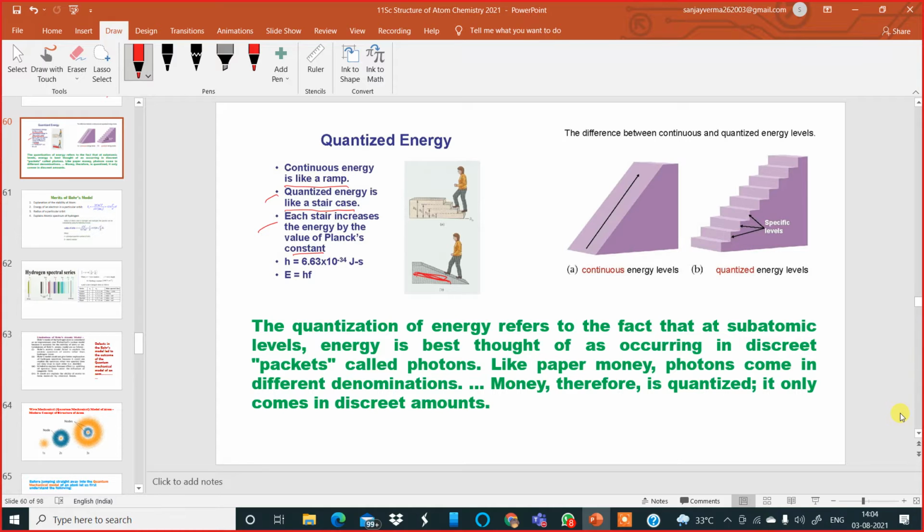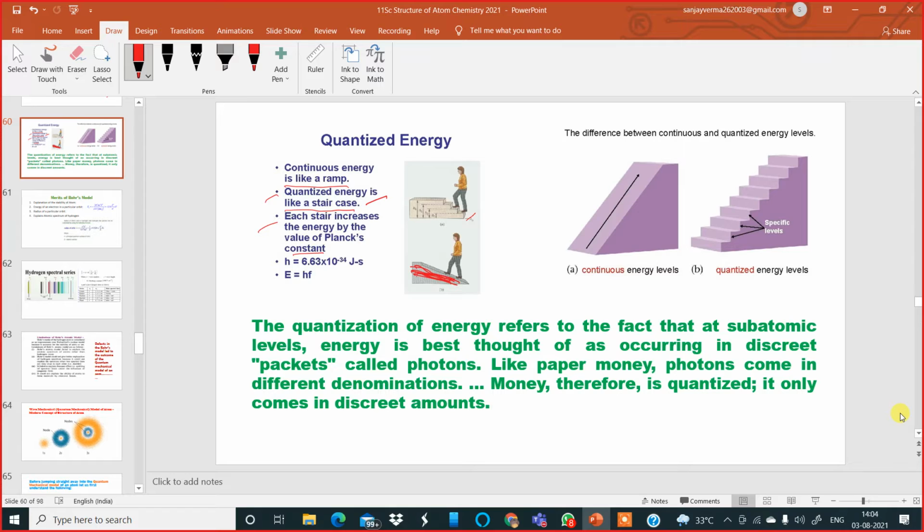Quantized energy. Now, as I've told you, continuous energy is like a ramp. Whenever you are climbing a ramp, that is not quantized. But when you are walking up a staircase or down a staircase, that is called quantized. So quantized energy is like a staircase.